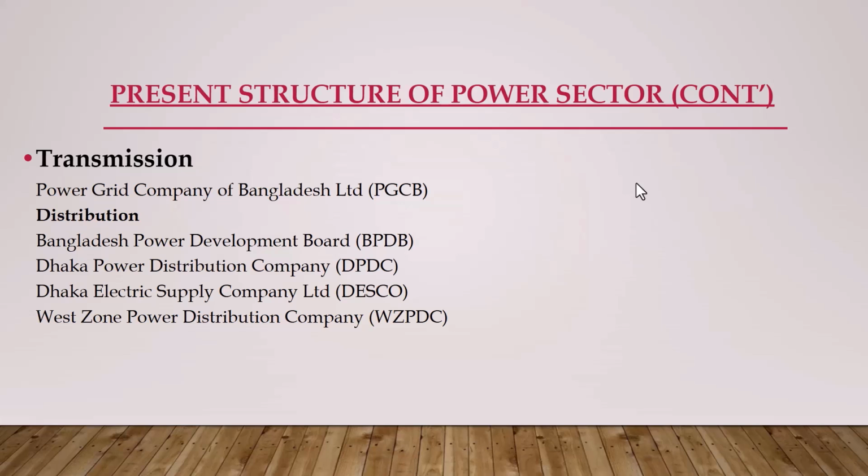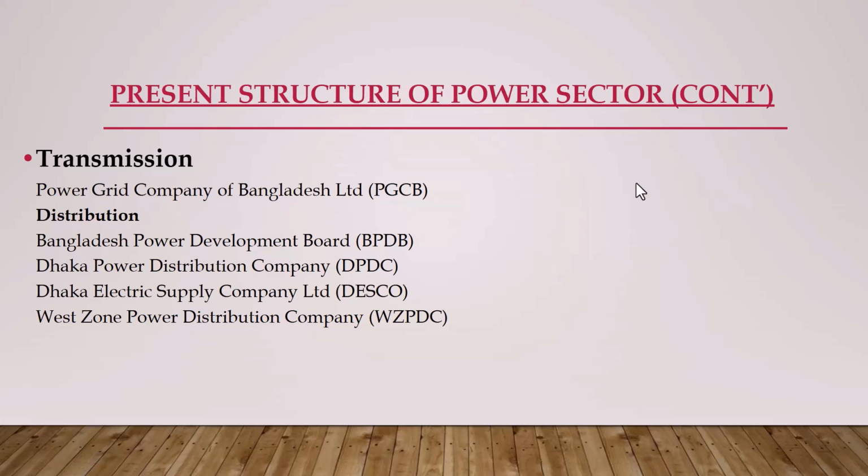One thing to highlight here is that distribution is regionally divided to improve management, accountability, and efficiency. Instead of one big organization doing everything, each company focuses on a specific zone. Or, to put it differently, distribution is intentionally decentralized, allowing each company to tailor services, respond to local demand, and maintain infrastructure more effectively within their area.